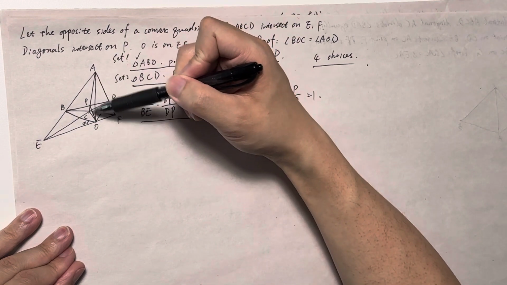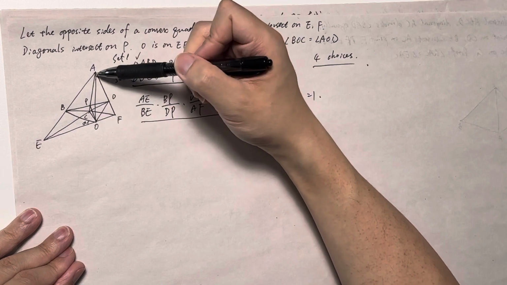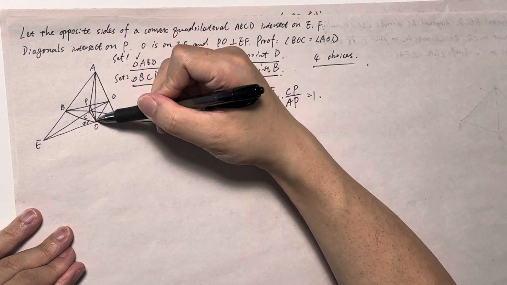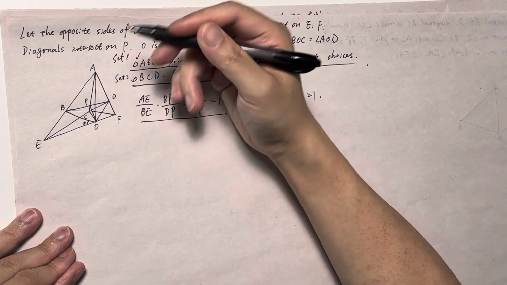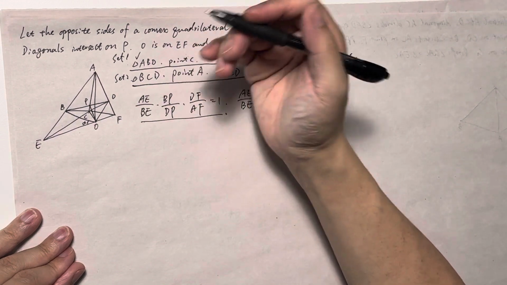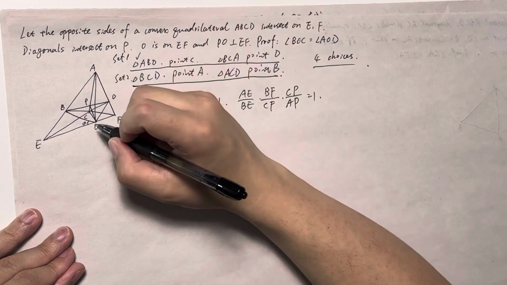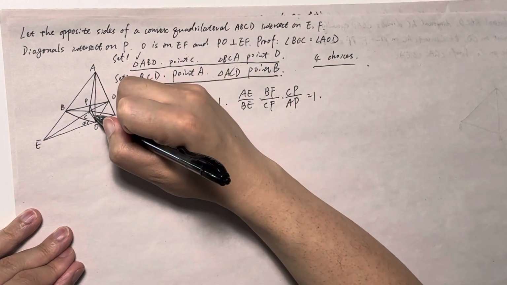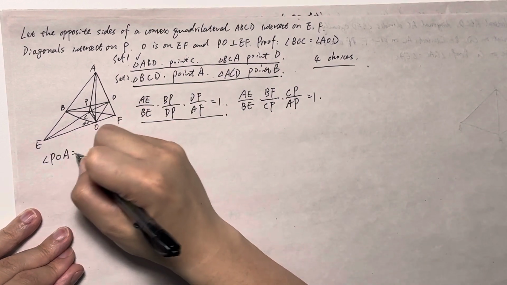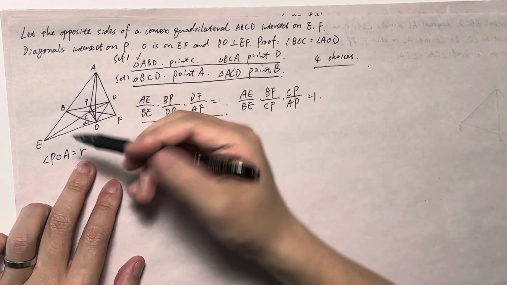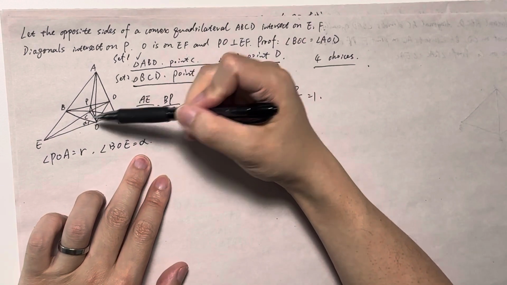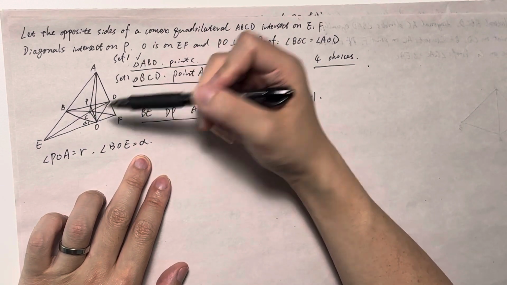But because angle POE is 90 degrees, angle AOE can be written as 90 degrees plus angle POA. That means we can set POA to be the angle we want to find out, right? So let's set angle POA equals gamma. Okay, so angle BOE equals alpha, and POA is gamma.